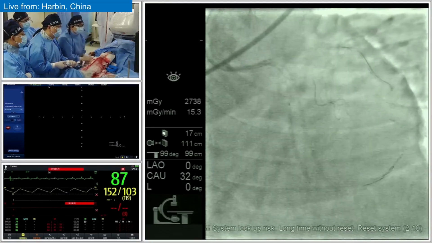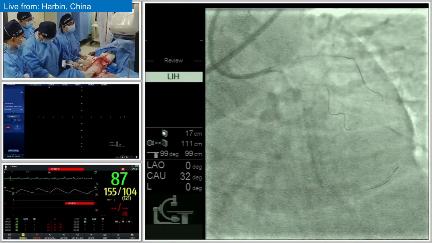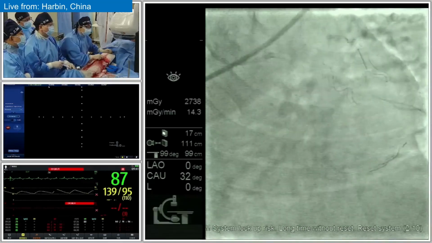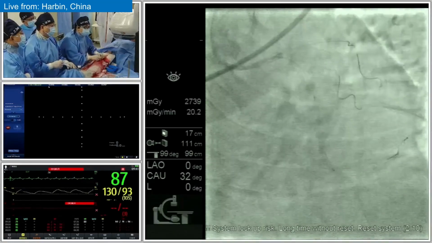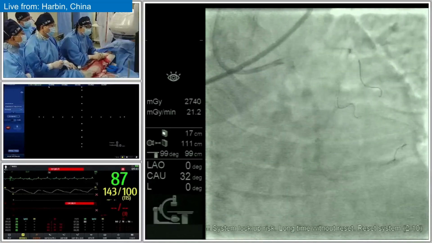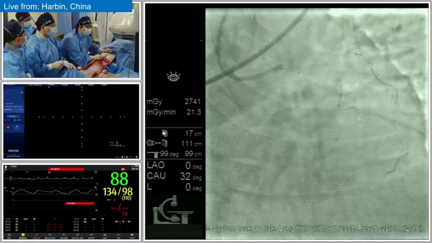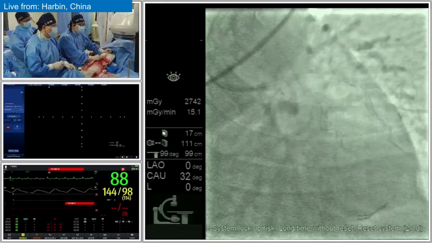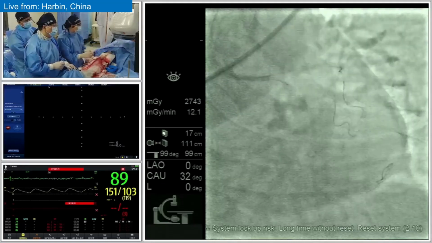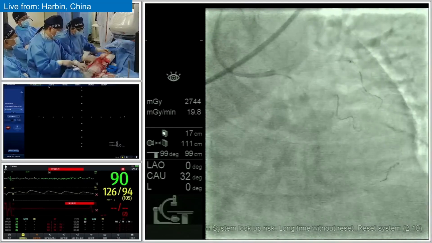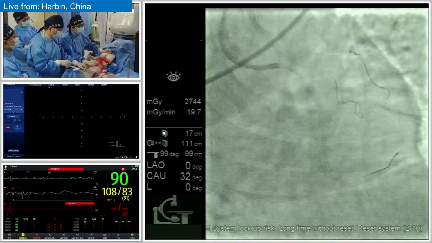Dr. Gong, another question about the guide wire in the LAD. When will you remove the guide wire in the LAD? For this patient, the LAD wire can give additional support to make the system more supportive.